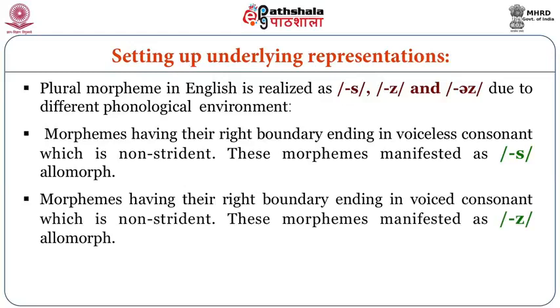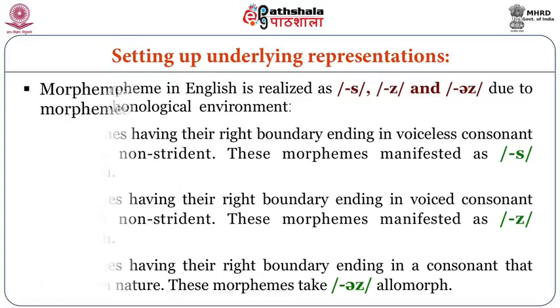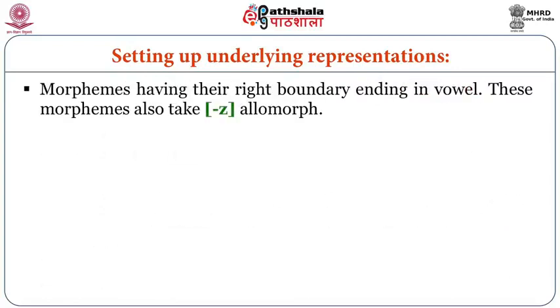Morphemes ending in a voiced consonant which is non-strident are manifested as the z allomorph. Morphemes ending in a consonant that is strident in nature take the iz allomorph. Morphemes ending in a vowel also take the z allomorph.